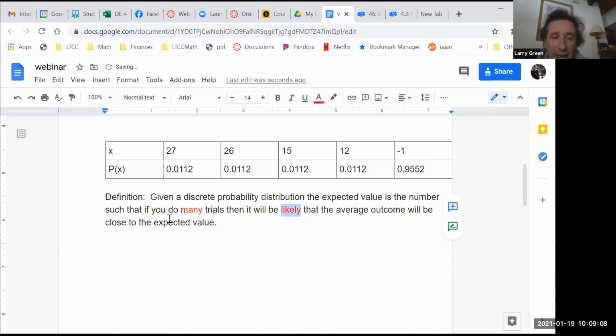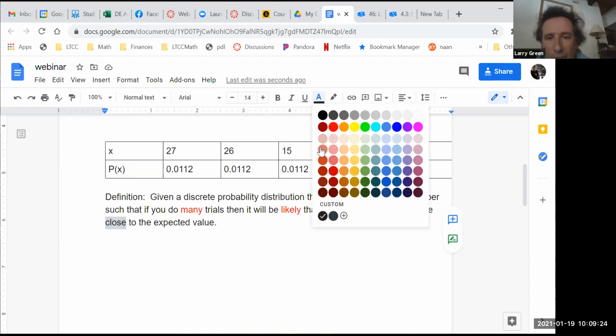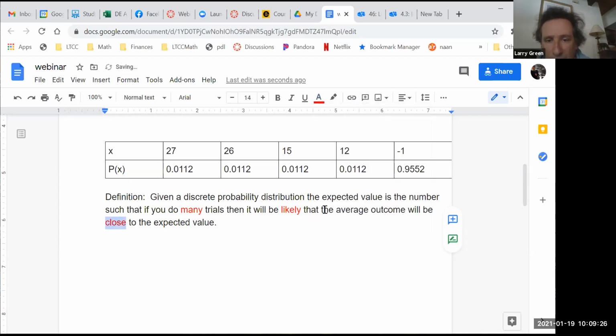And it turns out the higher the many is, the more likely it happens. And close to: you're not going to get exactly that number, but you're likely to get close to that number. And I guess I should say average is another keyword.